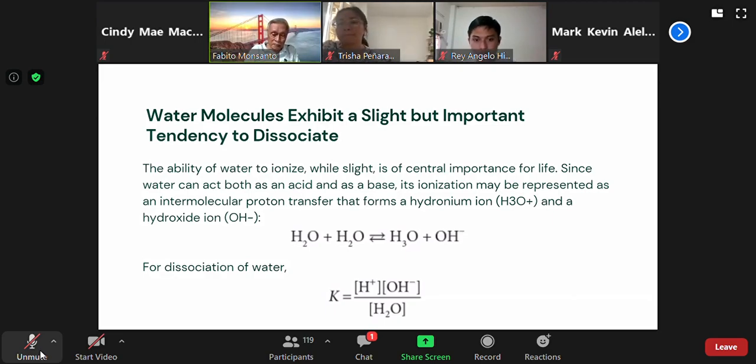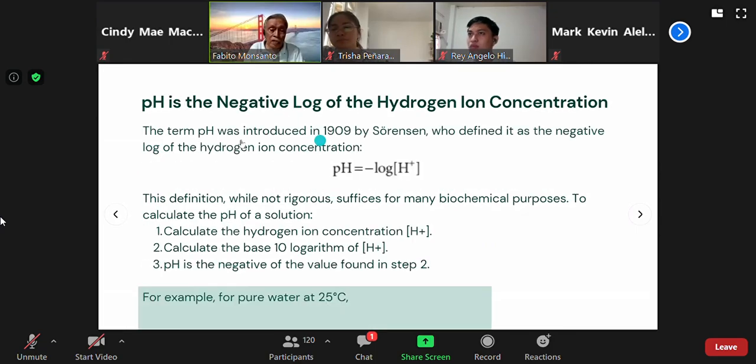All right. You have seen here an equation right away, and some of you may detest the presence of equations. Now, do not be scared of this, because I'm not going to ask you on this. This is just part of understanding what is meant by the dissociation of water.